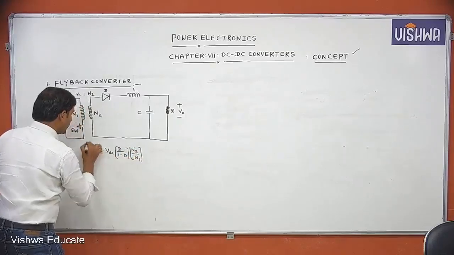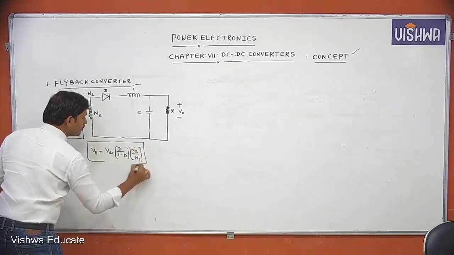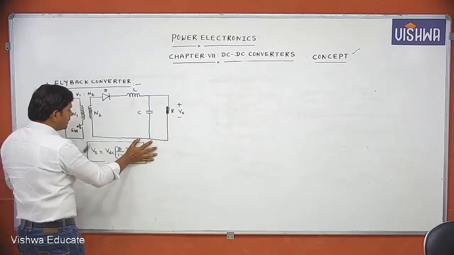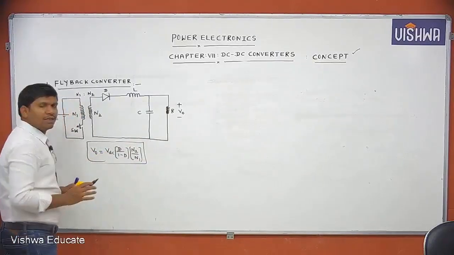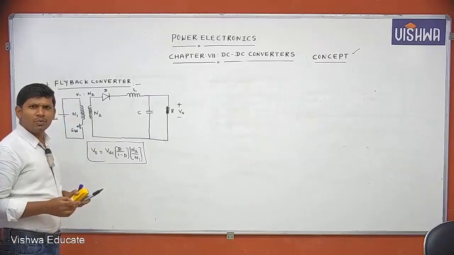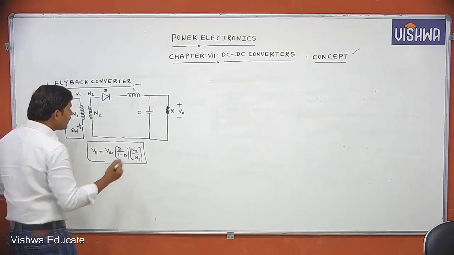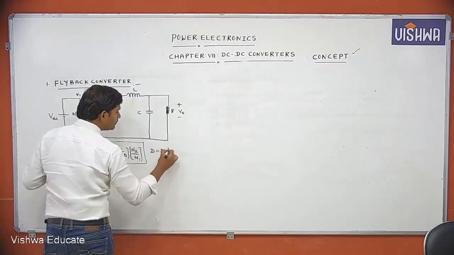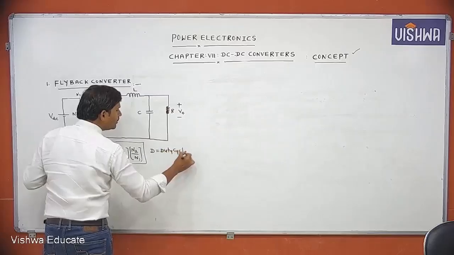This is the output voltage for the flyback converter. Without this turns ratio, it is just VDC into D by 1 minus D. Which converter's output is that? Buck boost converter, where D is the duty cycle.